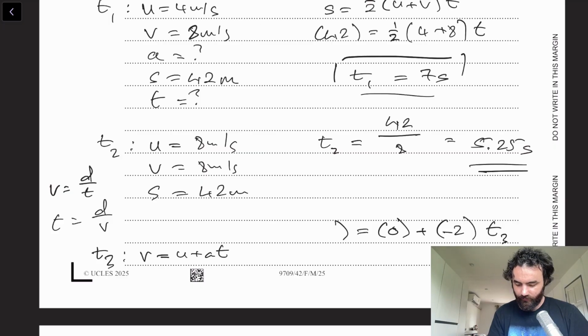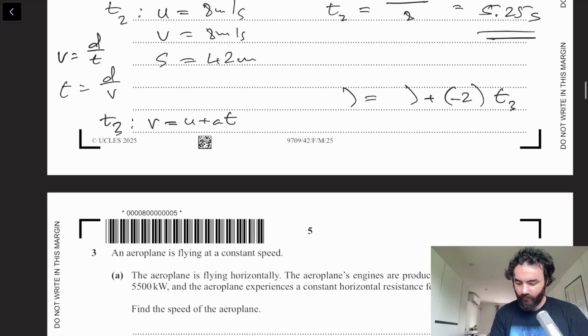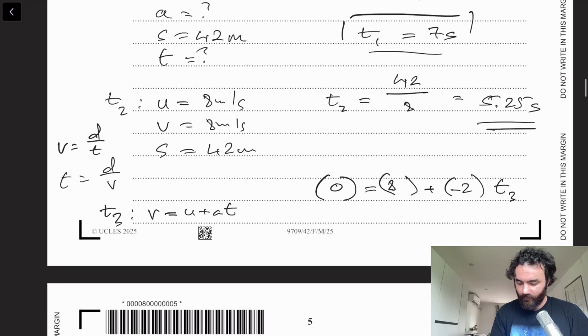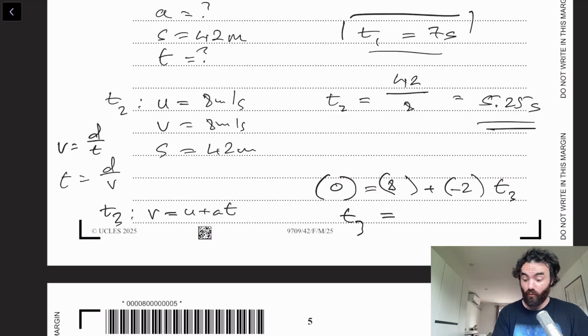Sorry. Our U initial is 8. Sorry, I did that wrong. See, I noticed we shouldn't get a negative time. That doesn't make sense. So it's like this. Okay, and then you're going to get T3 equals 4 seconds. So your total time is the sum of all these things.